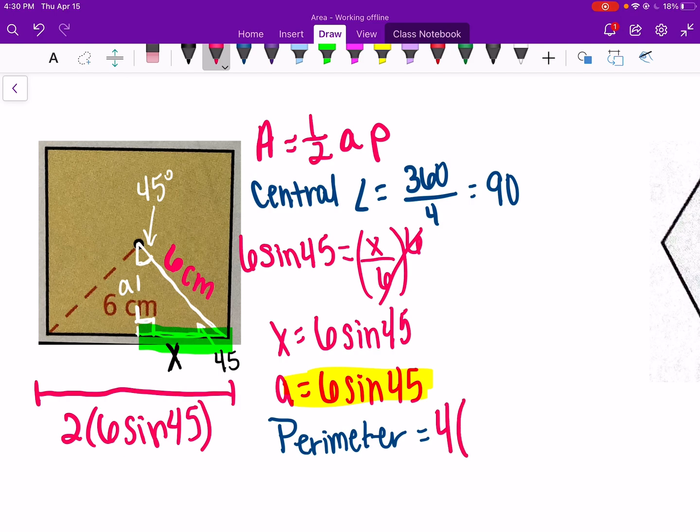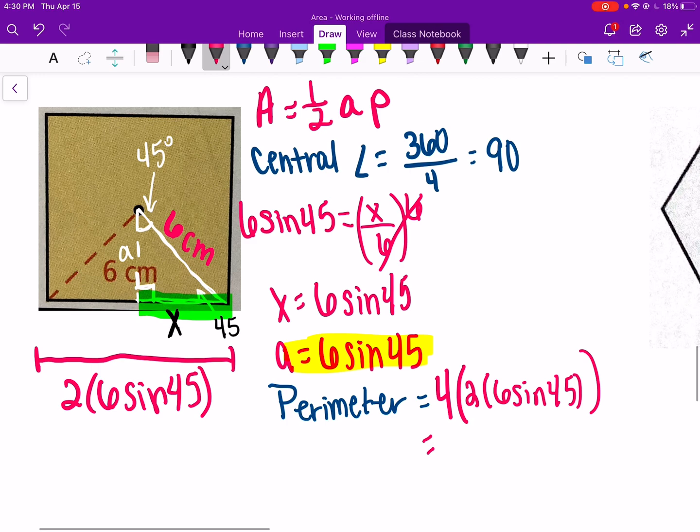So 4 times 2 times 6 sine of 45, which is 4 times 2 is 8, 6 times 8 is 48 sine of 45. So there's our perimeter.